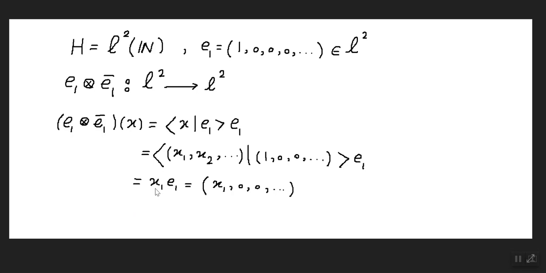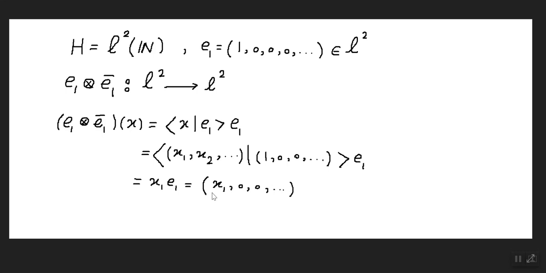So it means the one-dimensional subspace of L2 spanned by e1, that is x1, the rest 0. So the range of this operator is the one-dimensional subspace of L2 spanned by e1, which is naturally isomorphic to C, the complex numbers.